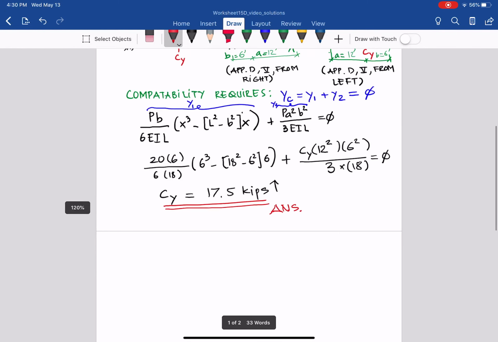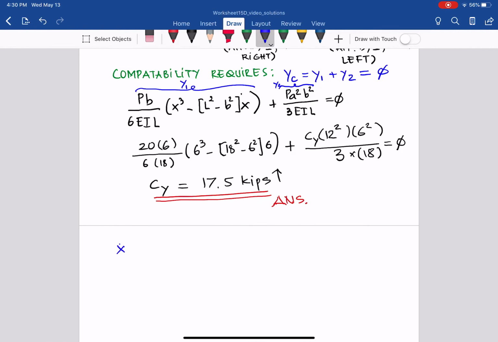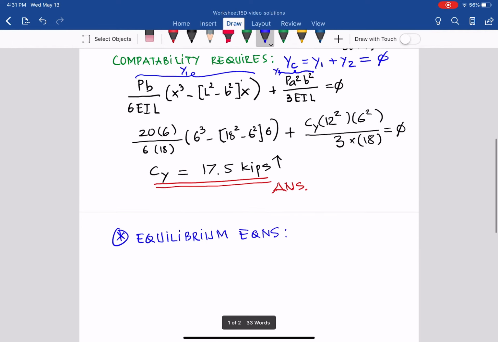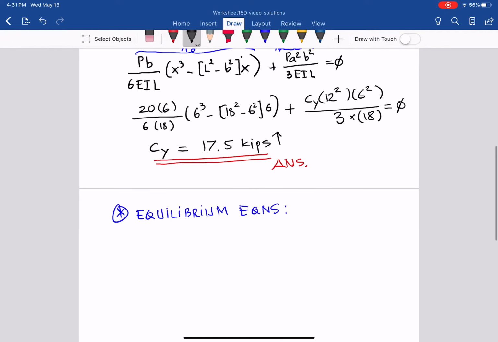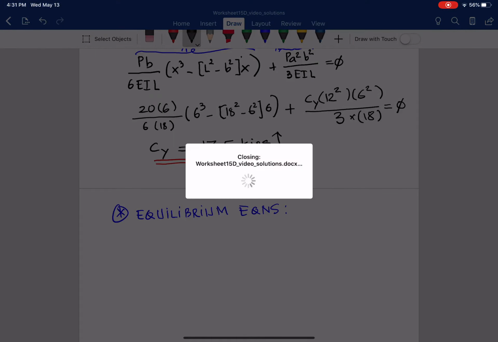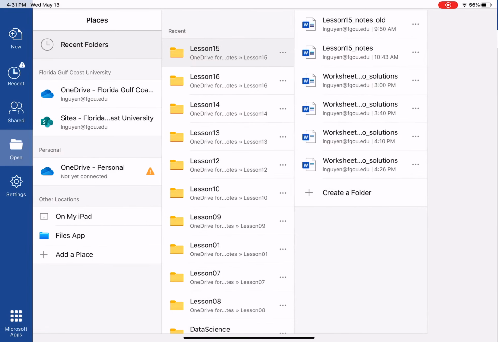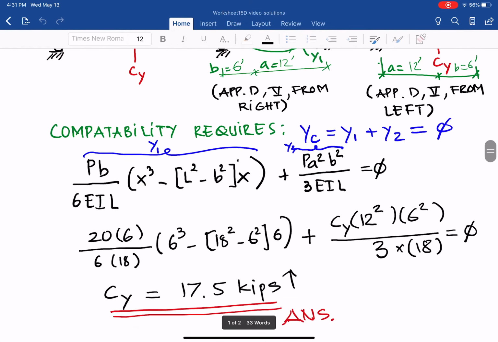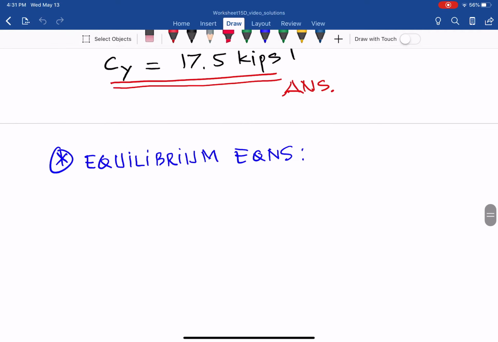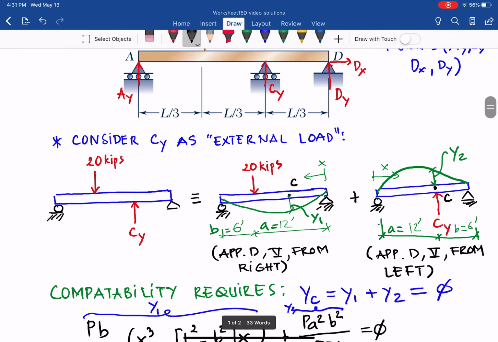So go back to the equilibrium equations. Sum up all the forces in the x direction equals 0, and that equals Dx, right?